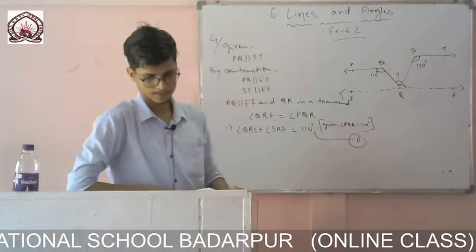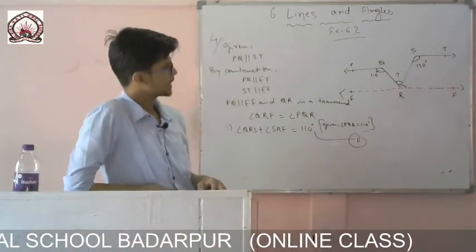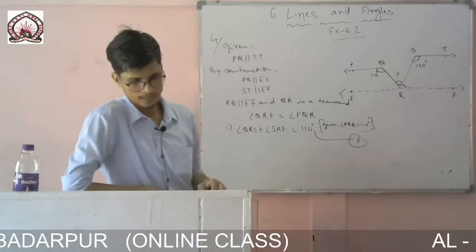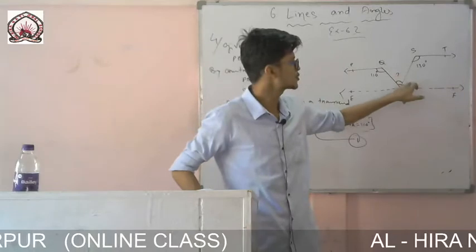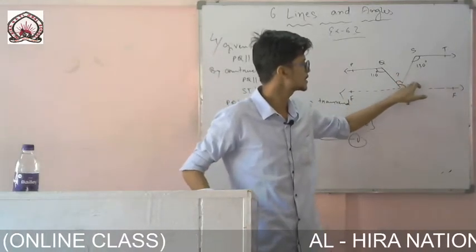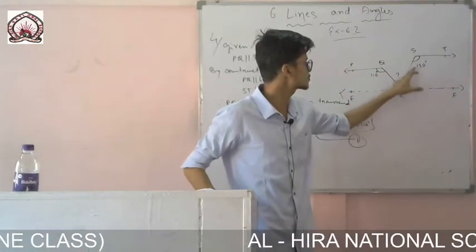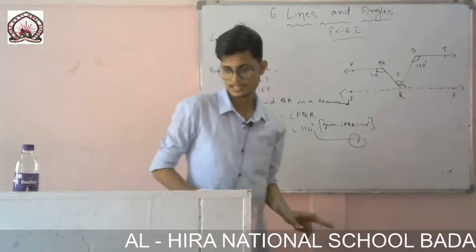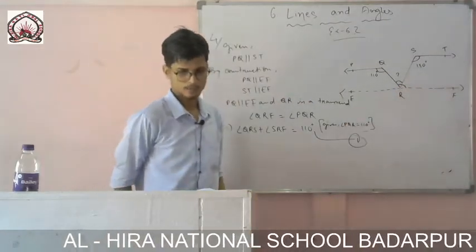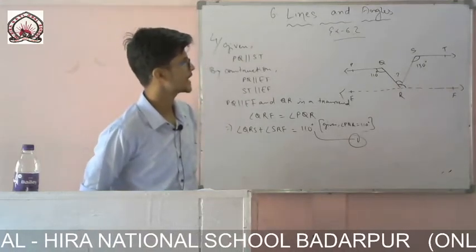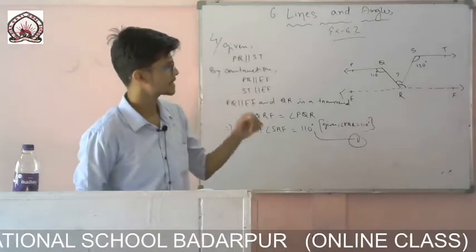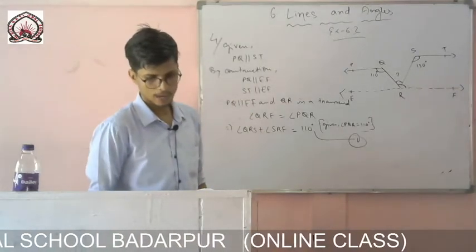Now you see, if ST is parallel to EF, then these two angles, RST and SRF, will be co-interior angles, and the sum of co-interior angles is 180 degrees.